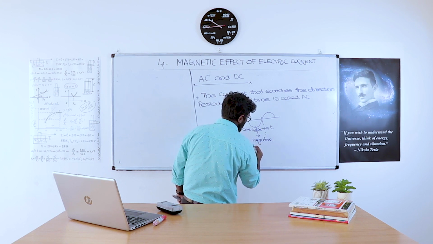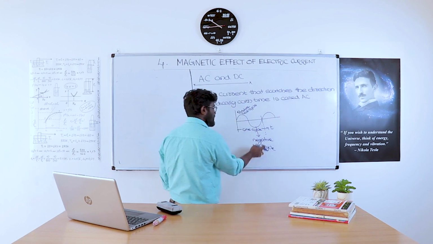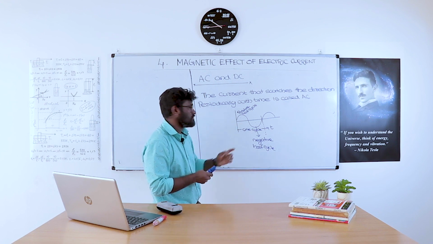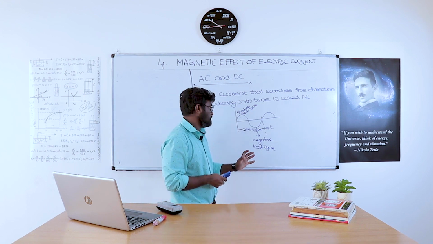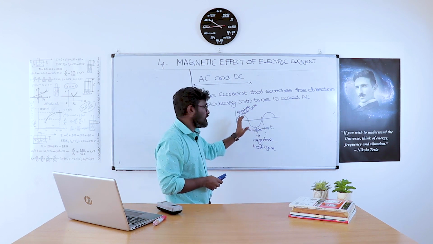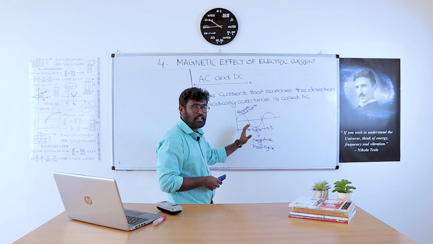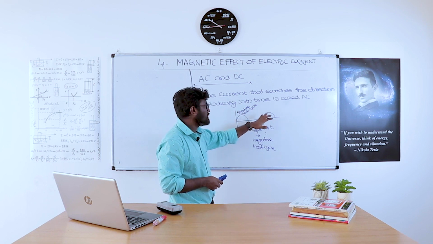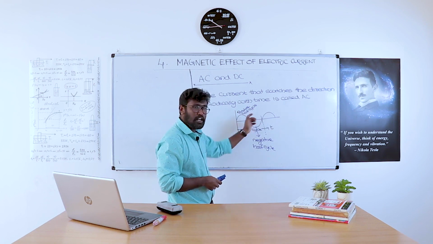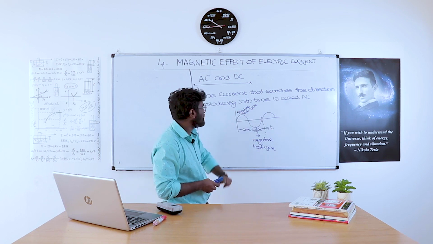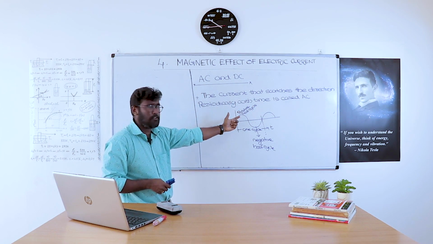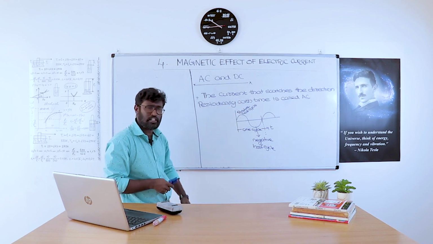One positive half cycle and one negative half cycle constitute one cycle. The figure clearly indicates that the current switches its direction periodically with time. So the current that switches direction periodically with respect to time is called alternating current.